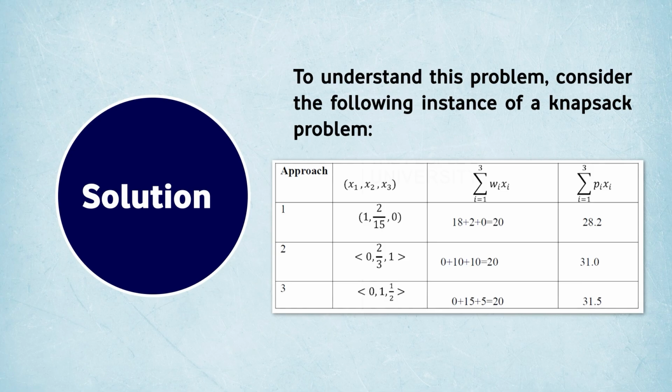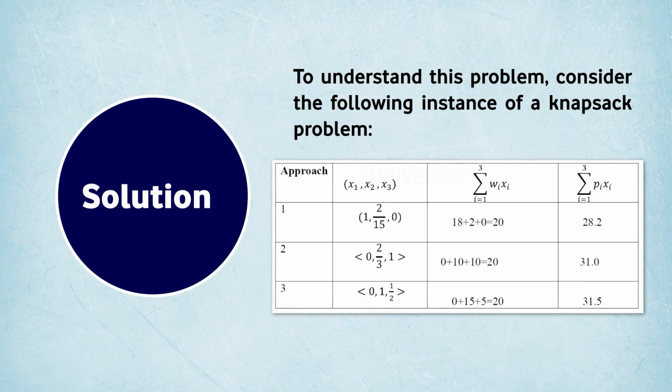You take that object and put it into the knapsack. The weight of that is 18. When you add that object, since the capacity of the knapsack was 20, only 2 capacity is left.